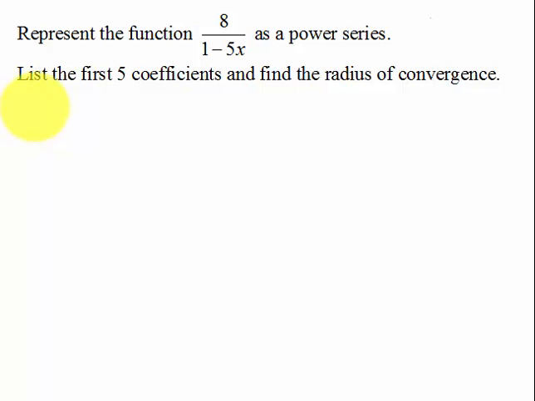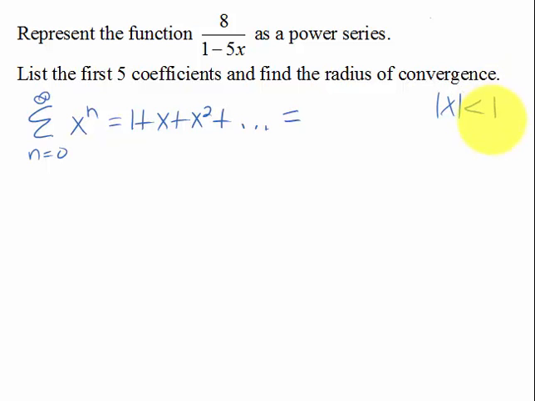So the power series is when we have the sum, as n goes from 0 to infinity, of x to the power n. If we were to write out the terms, that would be 1 plus x plus x squared and so forth. And we could figure out that sum because this is a geometric series. It converges if the absolute value of x is less than 1.